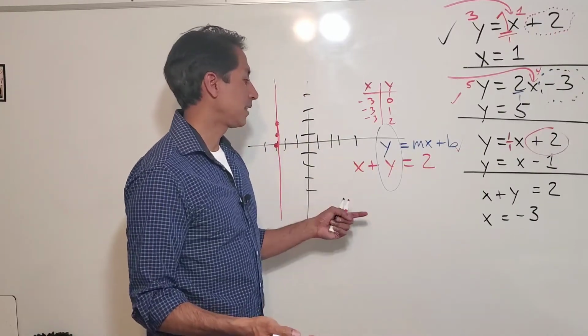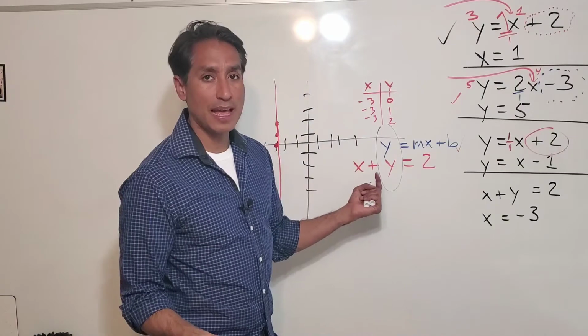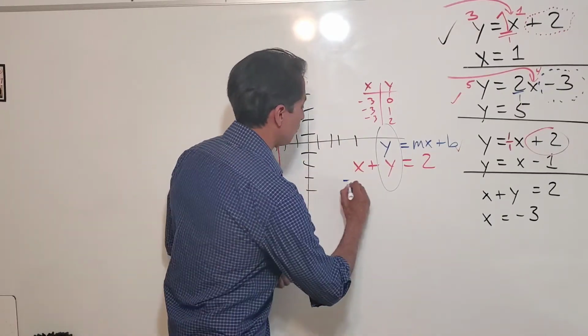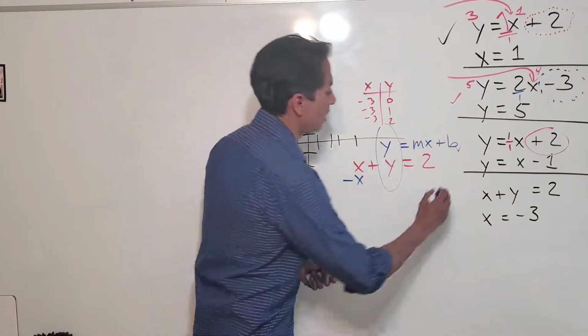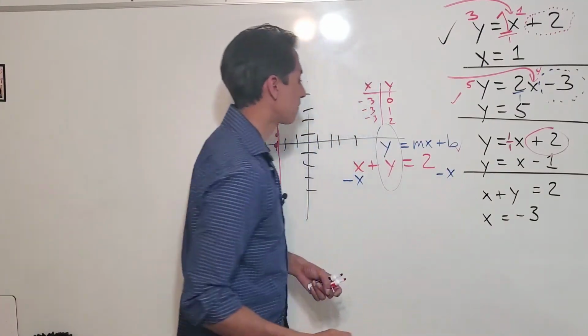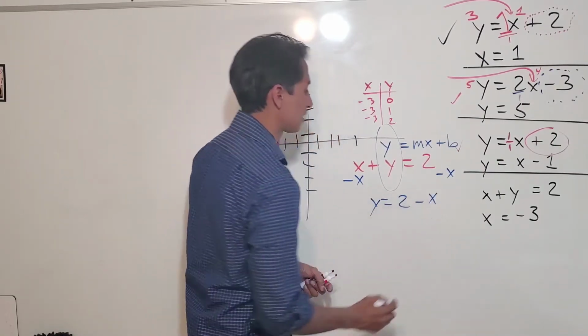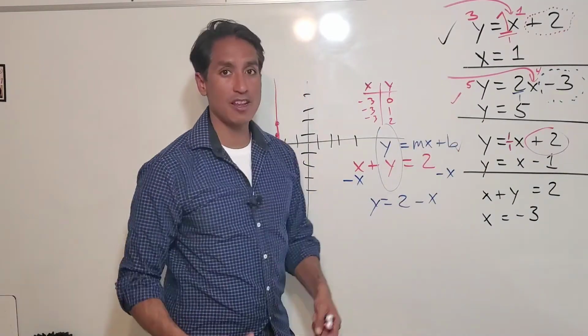But the main thing is you got to move stuff across the equal sign, and in order to do that, you need to add or subtract. So because this is a plus x, we minus x. What we do to one side of the equation, we do to the other. Okay? So I end up with y equals 2 minus x. Is this in y equals mx plus b format? No.